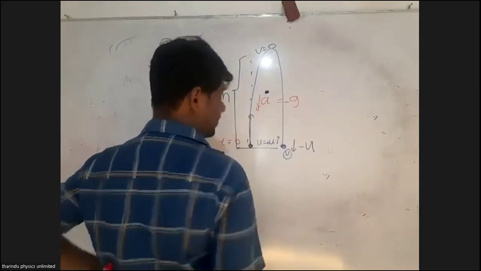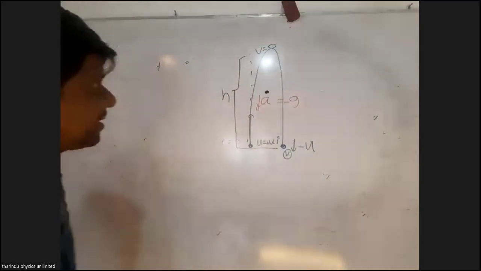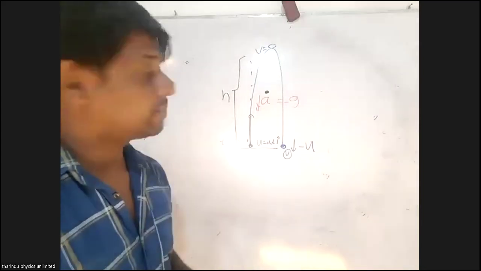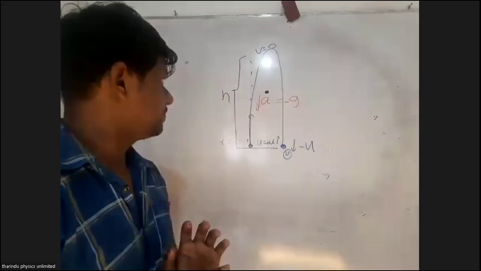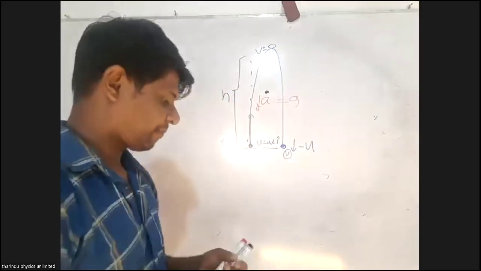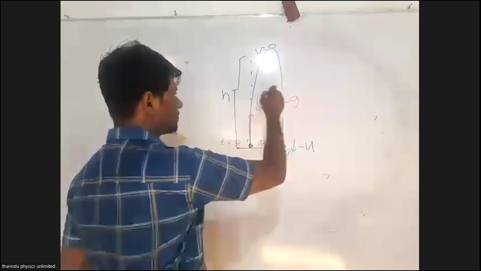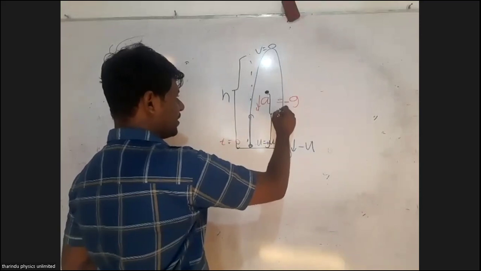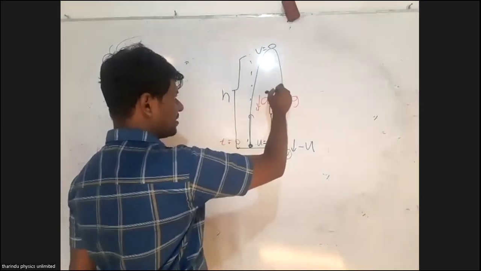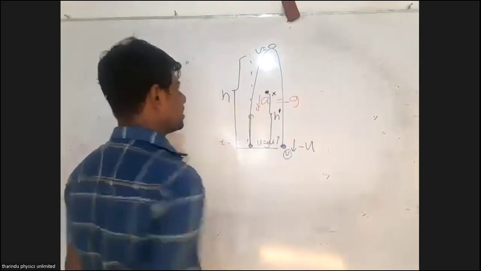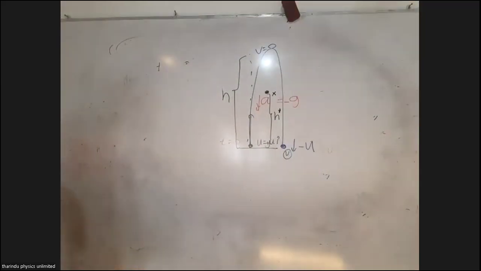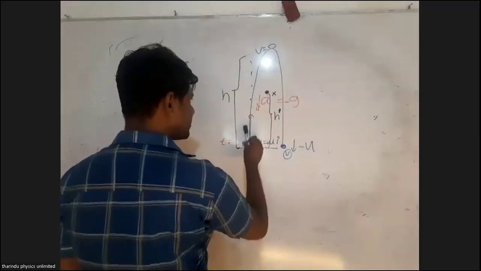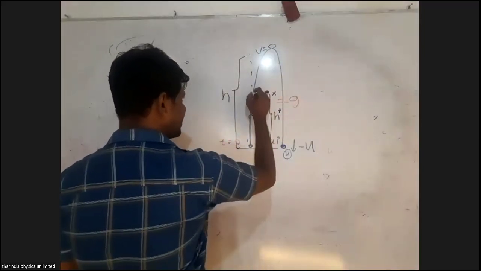The time taken to pass a certain point between the starting point and the maximum height. This point is located somewhere at H dash, point X.